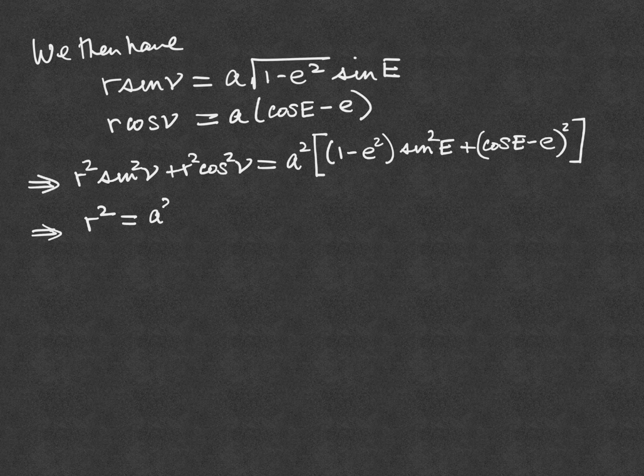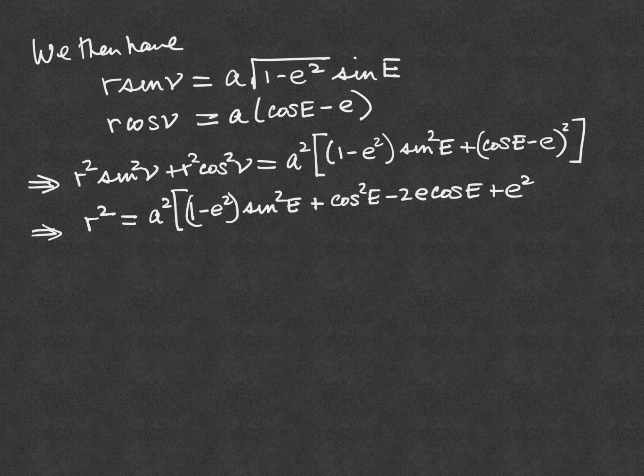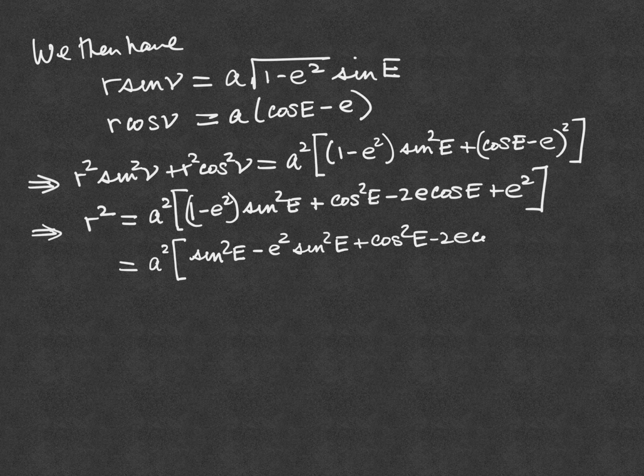The right-hand side becomes A squared, and now we're going to do some expansion, which is we have 1 minus E squared times sine squared E. And the second term, when we expand it out, gives us cosine squared E minus 2 little e cosine of E plus E squared, which is then equal to A squared times sine squared E minus E squared sine squared E plus cosine squared E minus 2e cosine of E plus e squared.